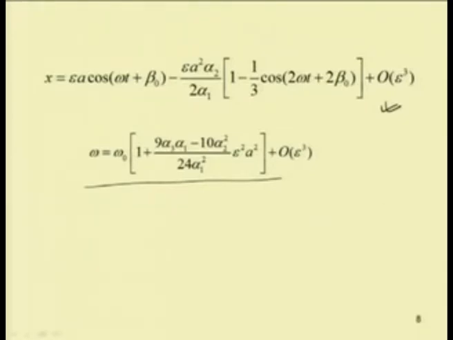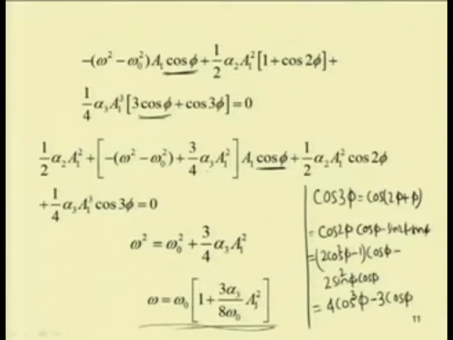If we substitute a 1 equal to epsilon a, this becomes omega 0 into 1 plus 3 alpha 3 by 8 omega 0 into epsilon square a square, but this term is not the same as that obtained in the method of multiple scales. So this gives us a slightly erroneous result.